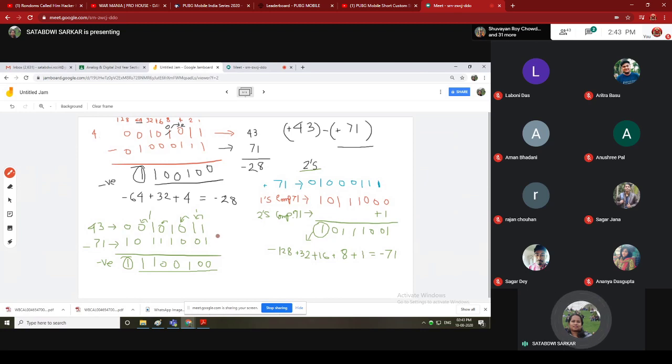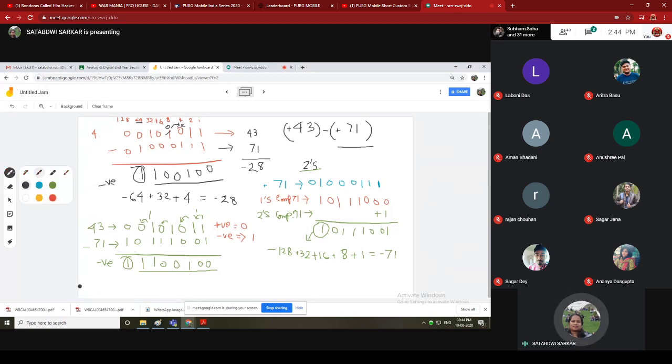So for negative, we will have 1 in the MSB position, and for positive, we will have 0 in the MSB position.